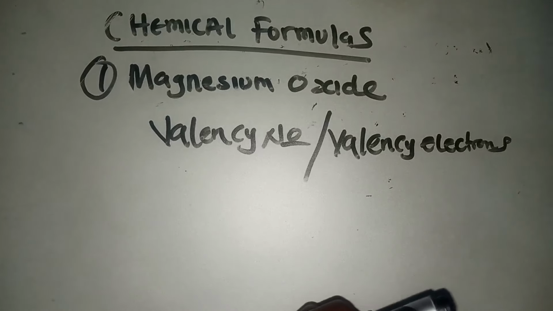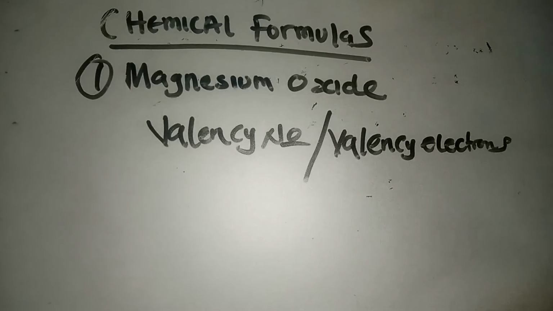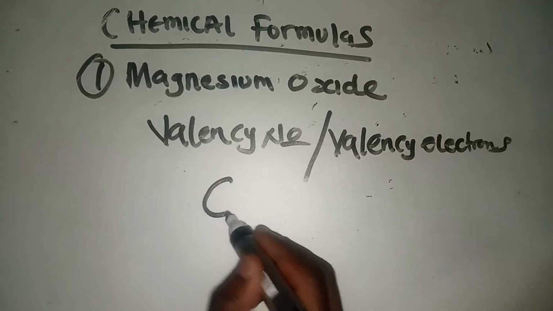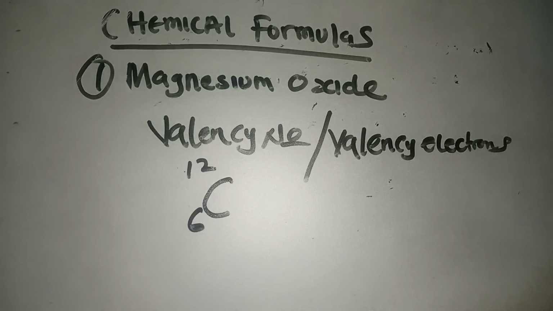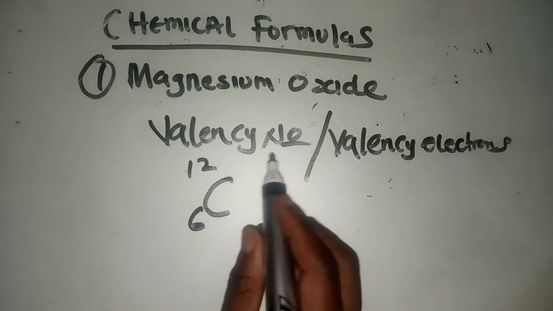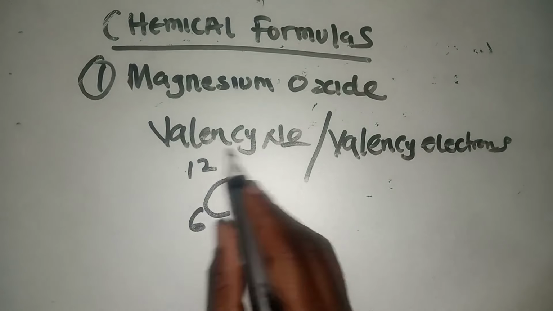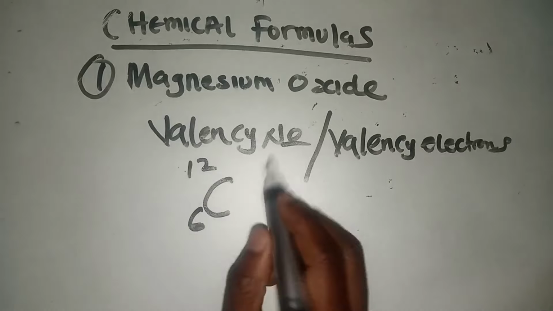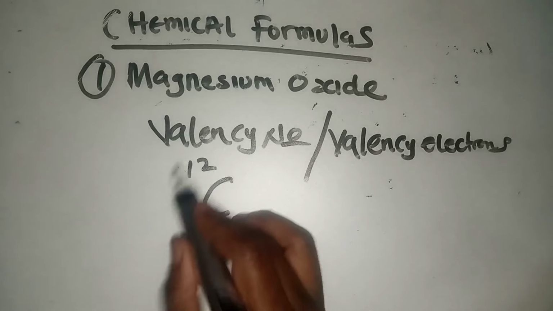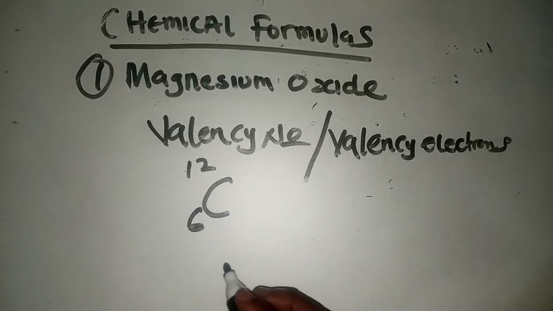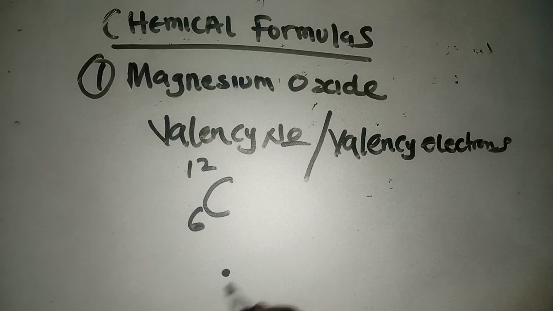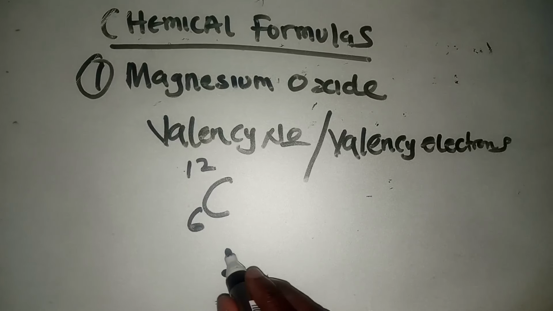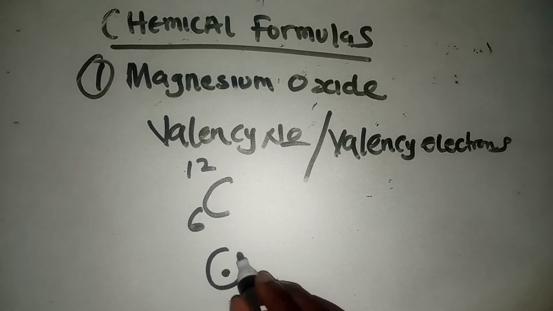Let me give you an example of carbon. Carbon has a mass number of 12 and a proton number of 6. When drawing the electronic configuration of carbon, this is your atom, this is your nucleus. You write your first shell here.